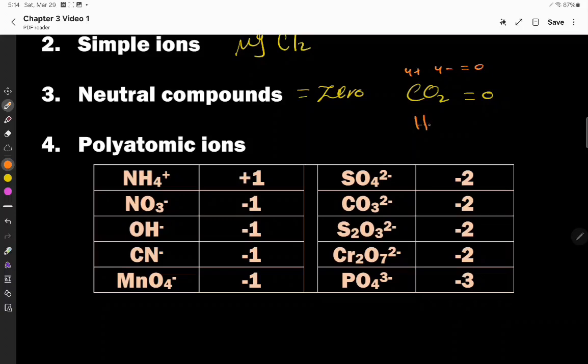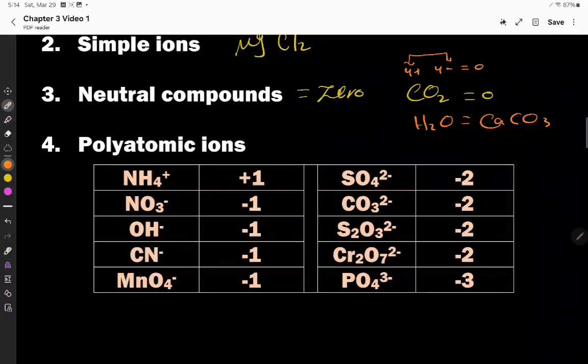Carbon dioxide, water H2O, calcium carbonate, whatever compound does not have a charge, you will see it equals 0, because all the ions will cancel each other, or they will balance each other. This is for positive, this is for negative. After all, it will equal 0.